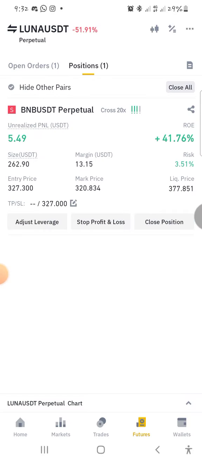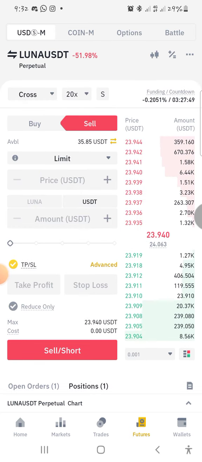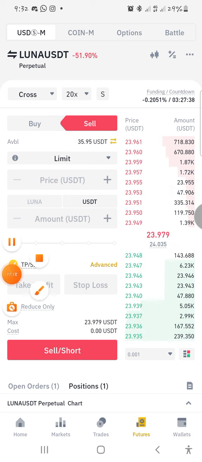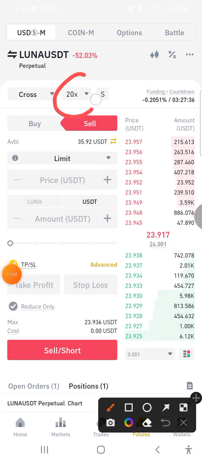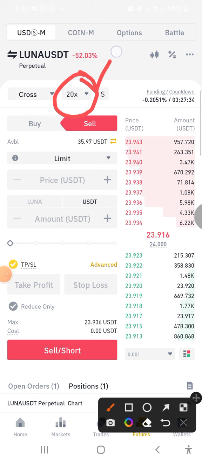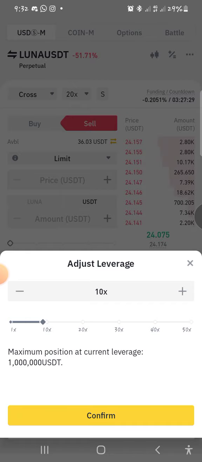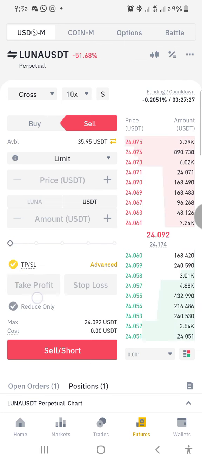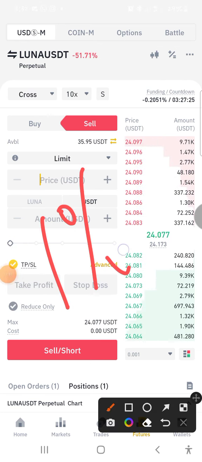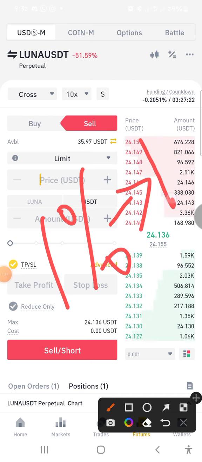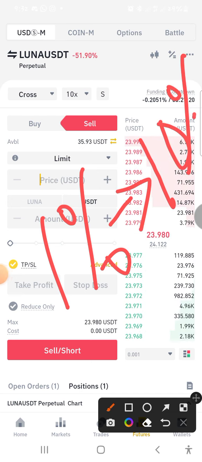Now this leverage of 20 means if a coin moves 1% profit or 1% loss, you would be in 20% profit or 20% loss because you are using leverage 20. If you are using leverage 10, if the coin is in 1% profit or 1% loss, your profit is going to be 10% profit or 10% loss.